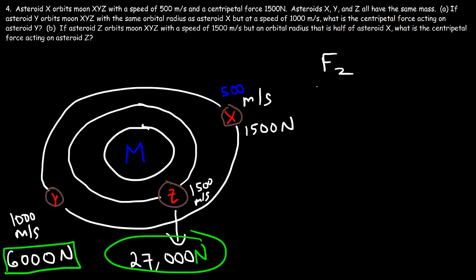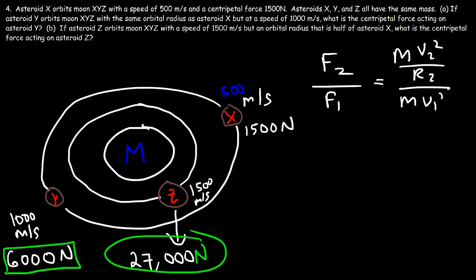So I'm going to use F2 over F1 again, which is equal to m v2 squared over r2 divided by m v1 squared over r1. So the only thing that's the same in this example is the mass. That's the only thing I can cancel. Now, using the keep, change, flip principle, if you keep this the same, change division to multiplication, and flip this fraction, you're going to get this expression.